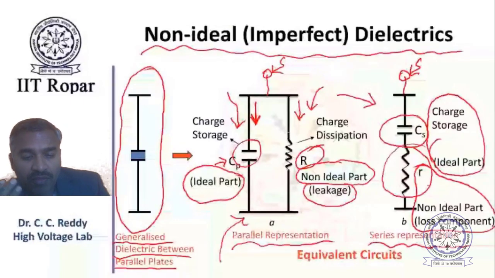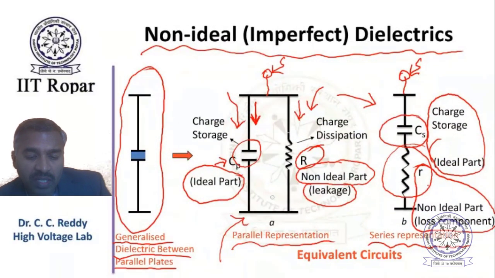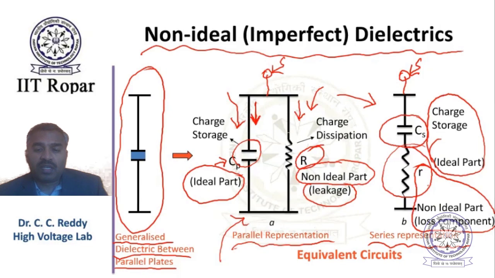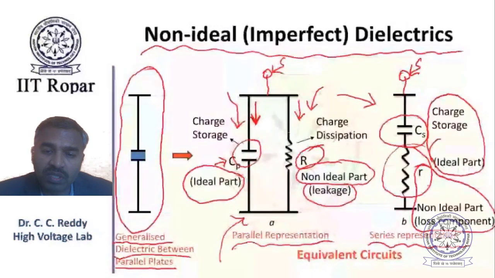But physically, if we imagine, then circuit A, the parallel representation, is close to the DC case, and the series representation is close to the AC case. But a network of series and parallel representation both is suitable for complex networks like this. For example, like this.